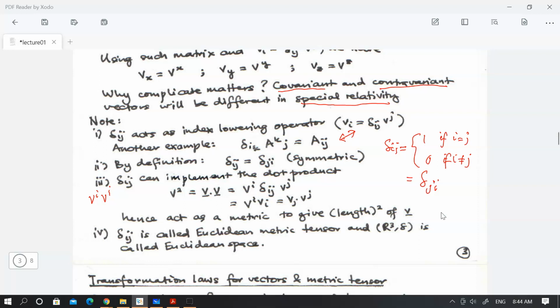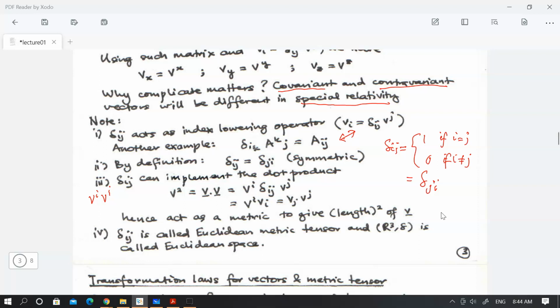So I can think of this as a sum between i here and j here, and if I lower this index, this becomes vi, and if I lower the index on i here, then this becomes vj.